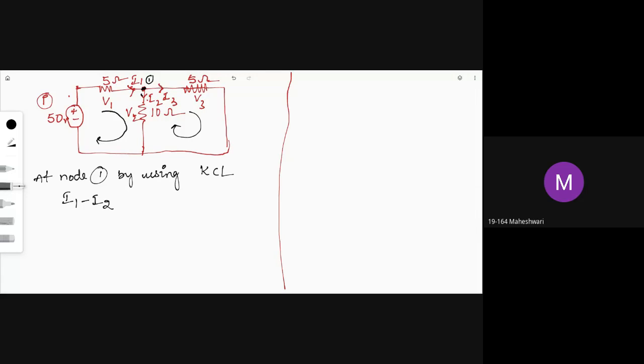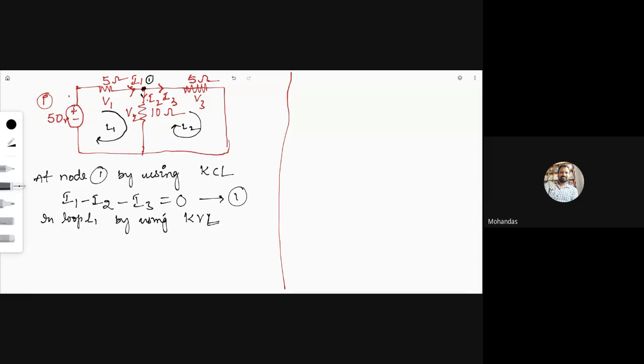Leaving current, sir, minus I3. Very good. For leaving current you should give a minus sign, which should be equal to 0. That is, let us say, equation 1. Okay? This is equation 1 by KCL. Now this is loop 1, let us say L1 and L2. So in loop L1, by using KVL.